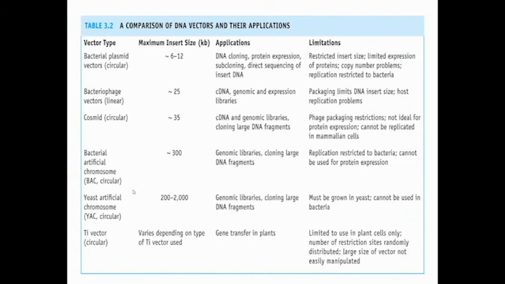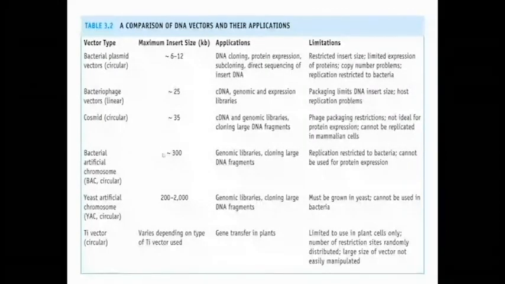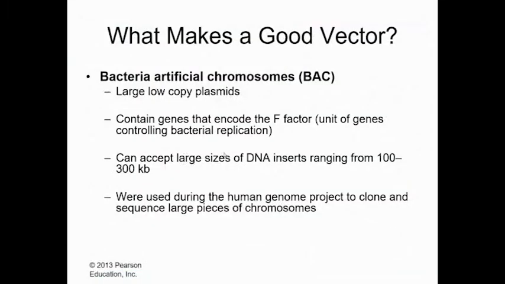So this is the summary of the comparison of different types of vectors that we discussed. And for the BAC, a large low-copy plasmid contains a gene encoding the F factor, not for the conjugation, and accepts a large size of DNA insert, 300 kilobases.